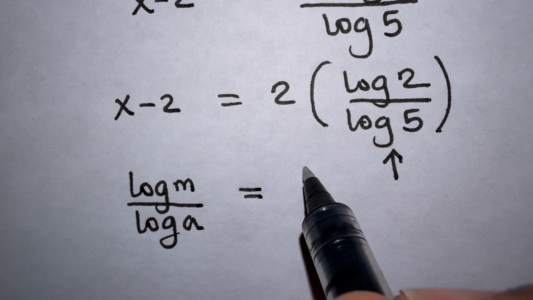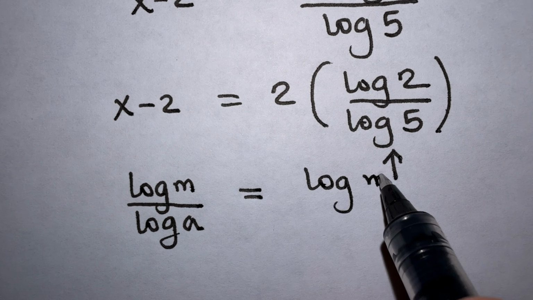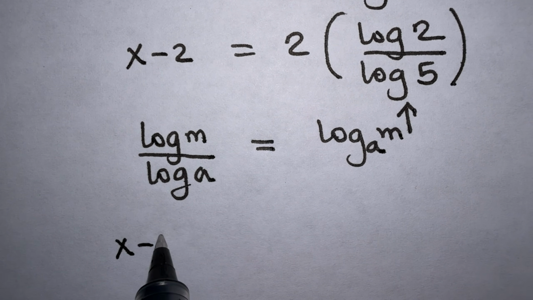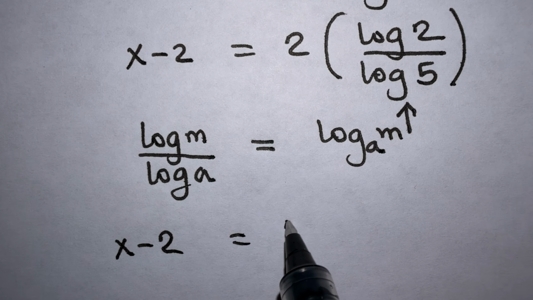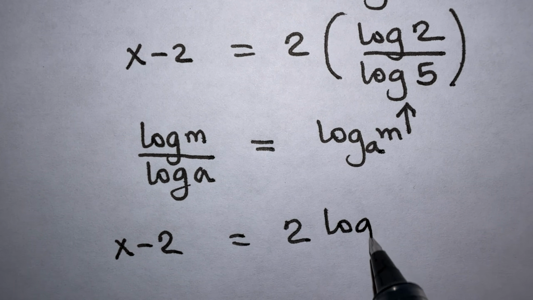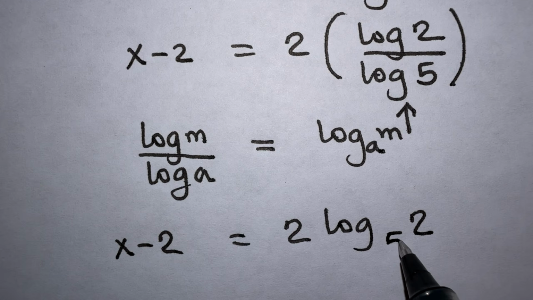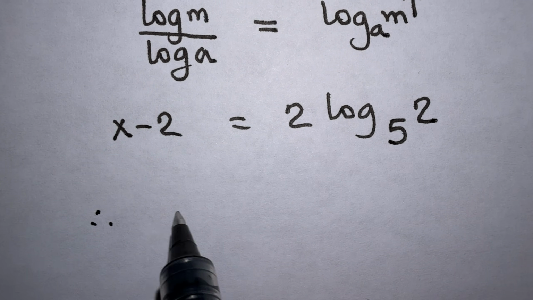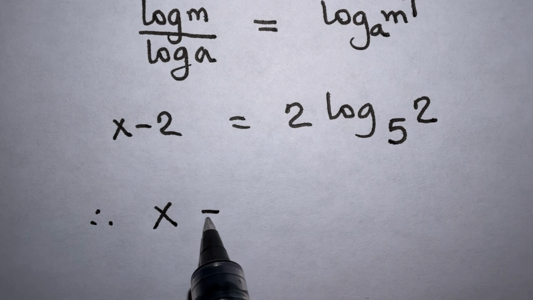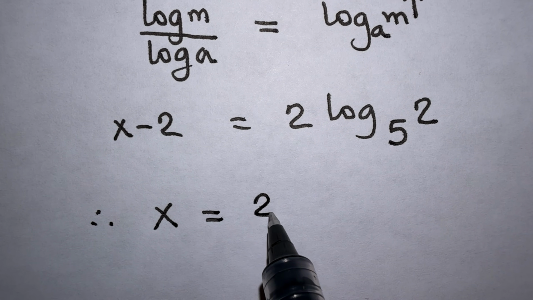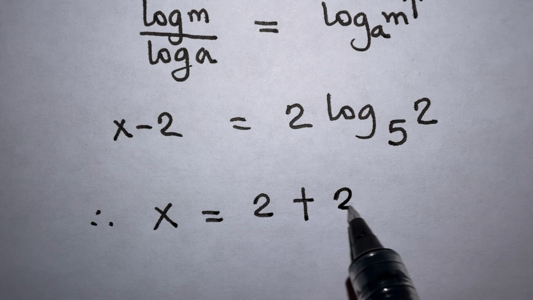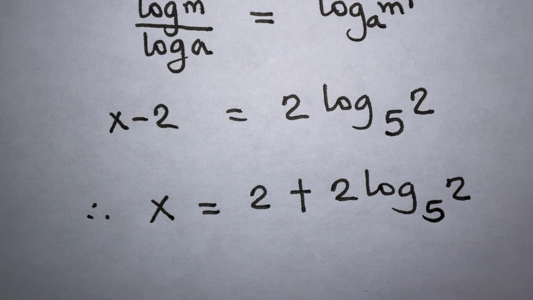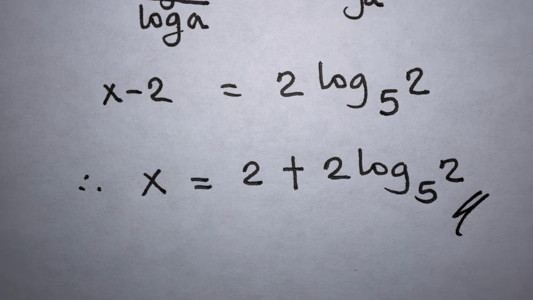By law of logarithm, this will give us log m base a, and then x minus 2 will now be equal to 2 times log 2 base 5. Therefore, our final answer for x will now be positive 2 plus 2 times log 2 base 5.